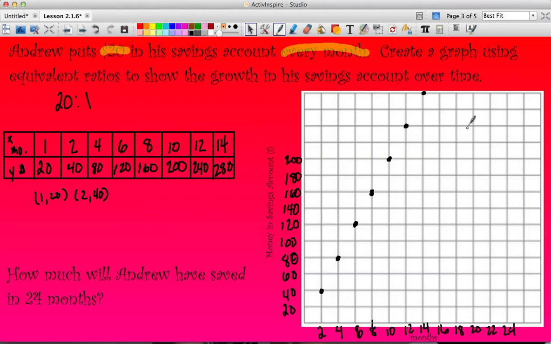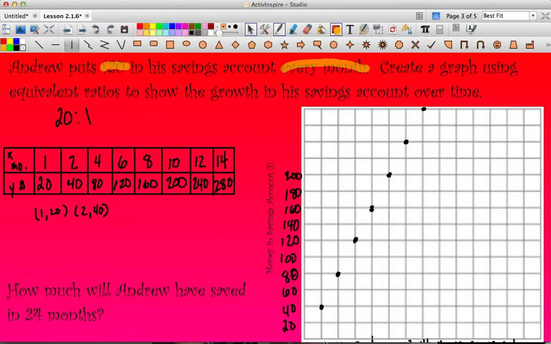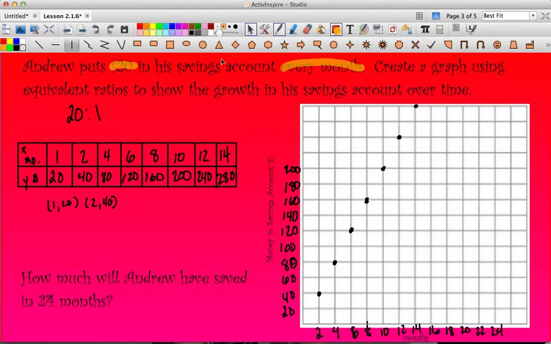So as we're doing this, we can see that we have a trend occurring. We can use our line tool to draw that trend. Okay, so I start at 0. Okay, and again, I would extend it to show that it continues to go this way.